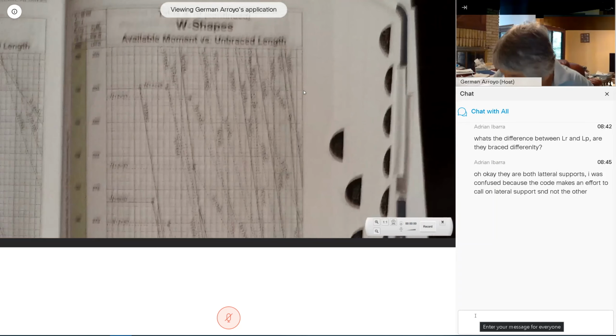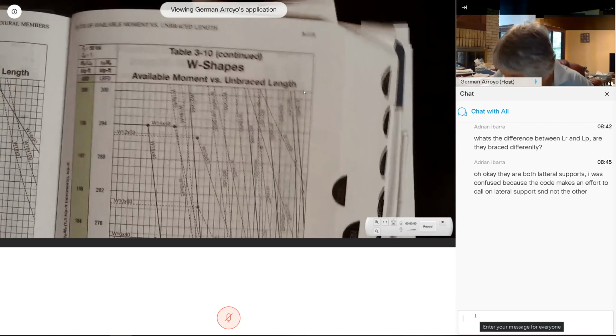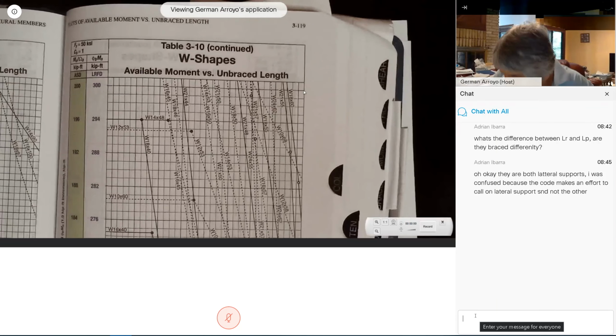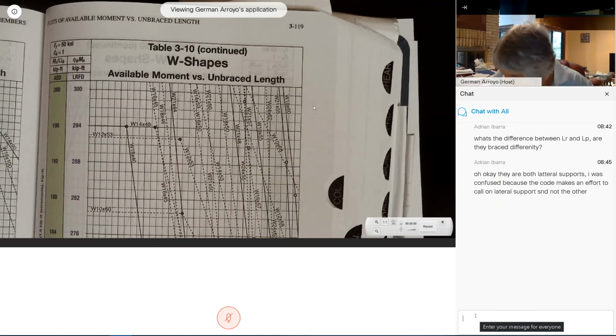I want you to go to chapter 3, page 119. This is a very important chapter. This is what I told you. They have plotted the three equations for you for every single section.